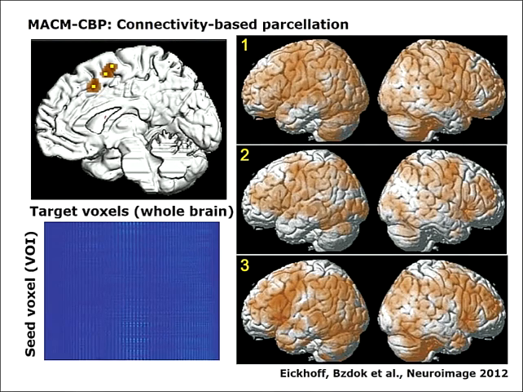Now what we haven't said yet is there's also a variety of ways to choose the target voxels. I think the most common is to just take the various other voxels that are not part of your region of interest, but you could also give it a more biologically motivated flavor.